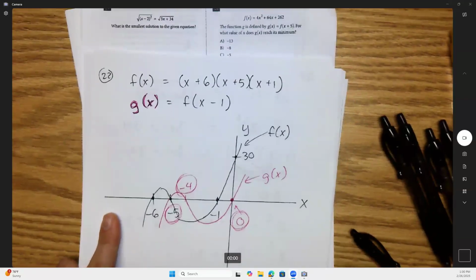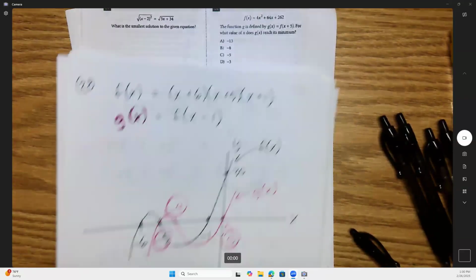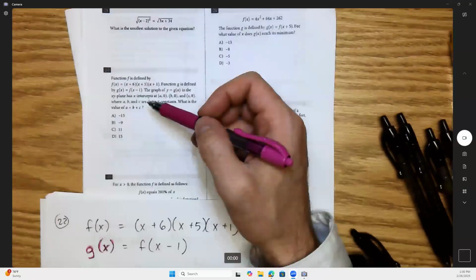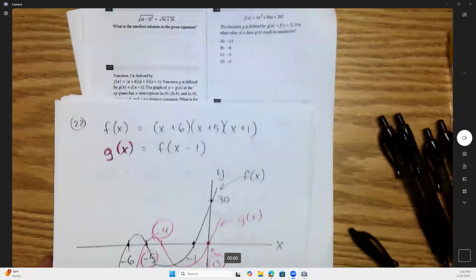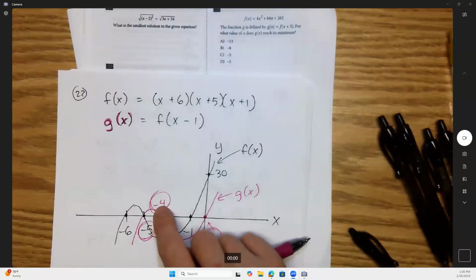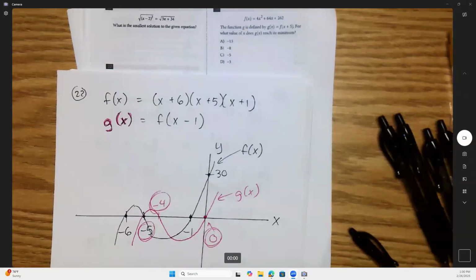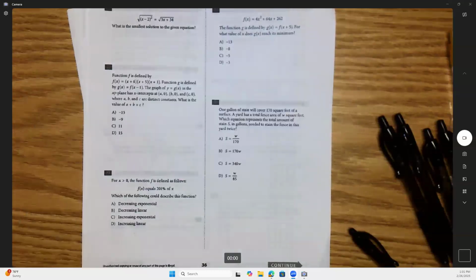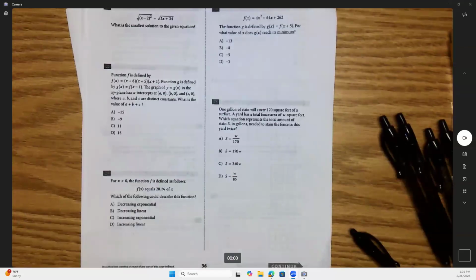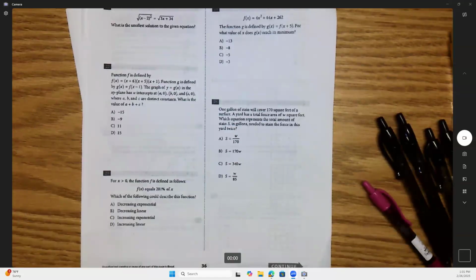So a, b, and c are -5, -4, and 0. And they want you to add those up. What is a plus b plus c? So guys, what does that add up to? -9. The answer is B. 22 is B. You guys got 22 is B?